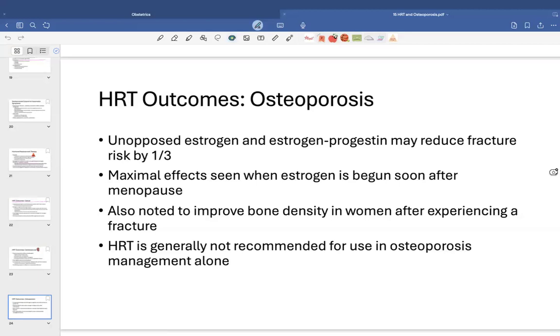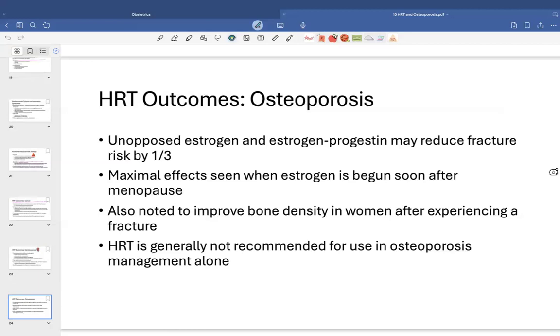And really the idea is that if you're using hormone replacement for bone health, it's probably as part of a broader approach, looking at some of the other issues, the cardiovascular, perimenopausal, vasomotor symptoms, etc. So we prefer to take advantage of this as more of a side benefit as opposed to a primary reason to start this.